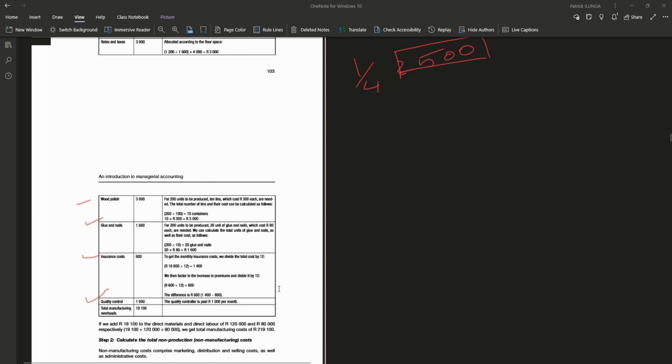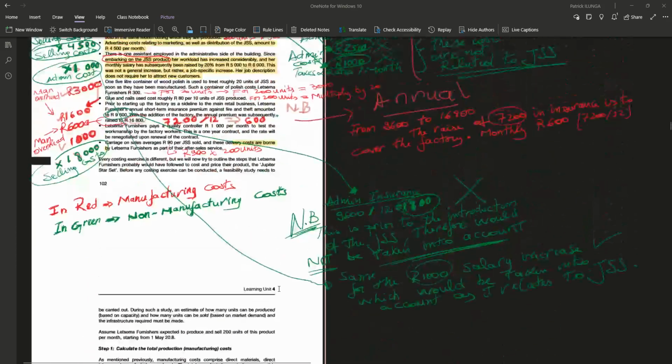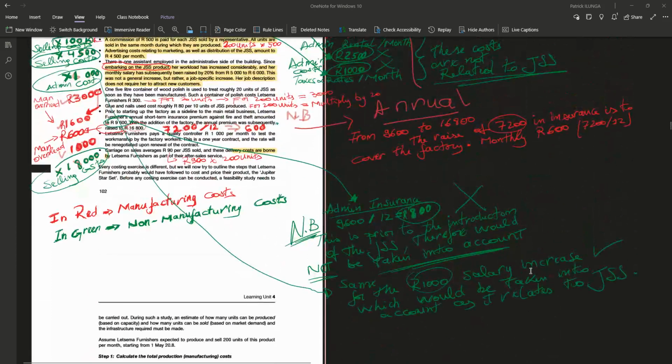Let me just touch again on two last things, the insurance cost. We are told that prior to starting the actual project, the short-term insurance premium against fire and theft amounted to 9,600. All right. With the addition of the factory, the annual premium was subsequently raised to 16,800.